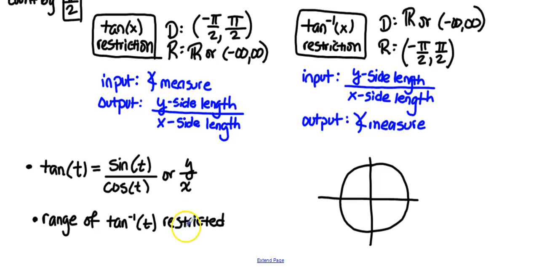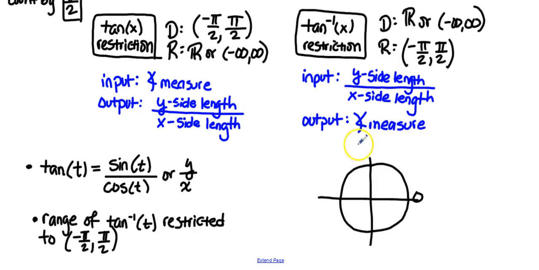Take a look and see if you can finish what I'm about to write. What is our restriction on the range of tan inverse? If I look right here, we just discussed it. It's restricted to negative pi over 2, comma pi over 2. So let's see where that puts us on the unit circle. Here's 0.